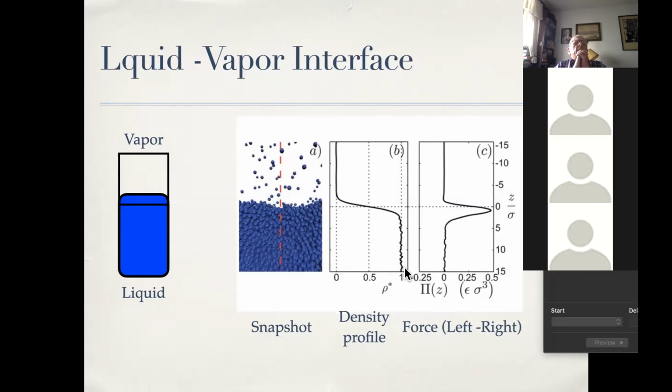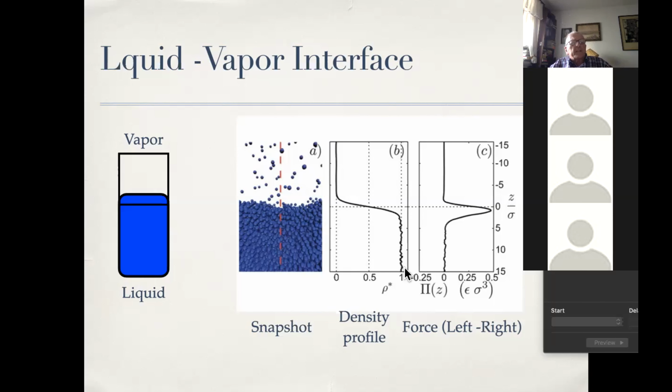That profile is something which those of you who have learned a little bit of trigonometry might recognize as the hyperbolic tangent function. And in fact, that was a very cute observation of Mr. van der Waals 140 years ago or so.